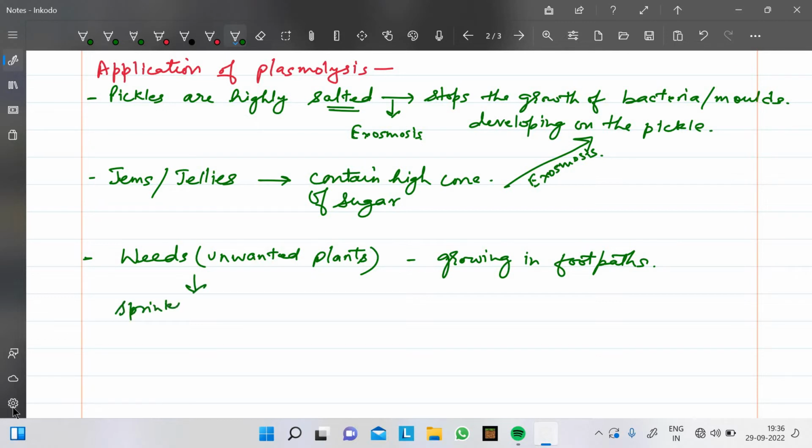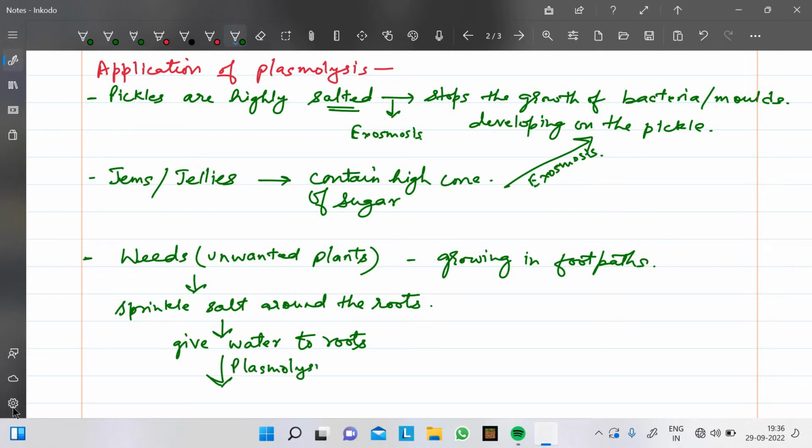Sprinkle salt around the roots and water them. What will happen? Plasmolysis in the root cells, and the weeds die or are eliminated naturally.